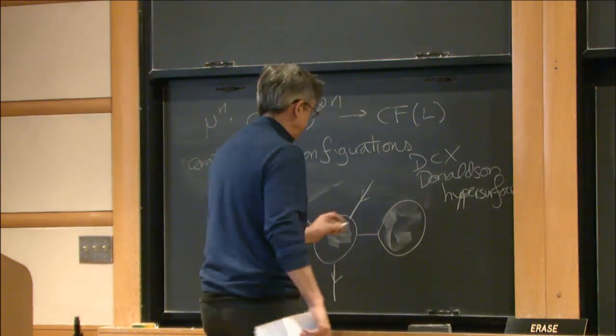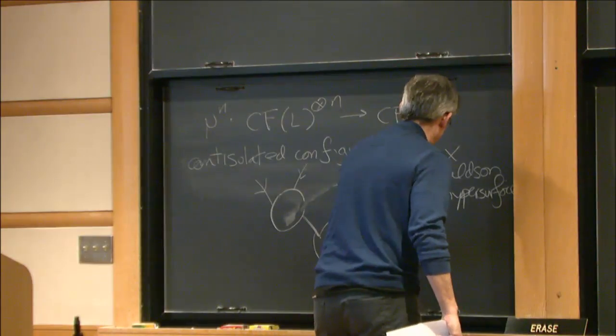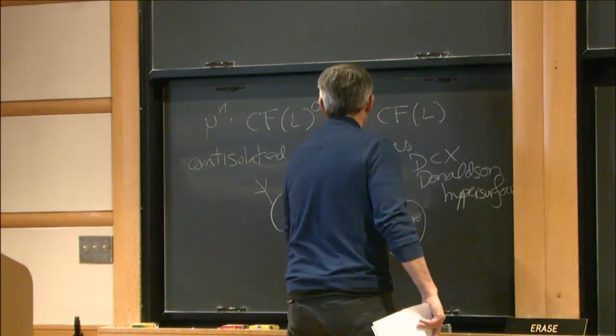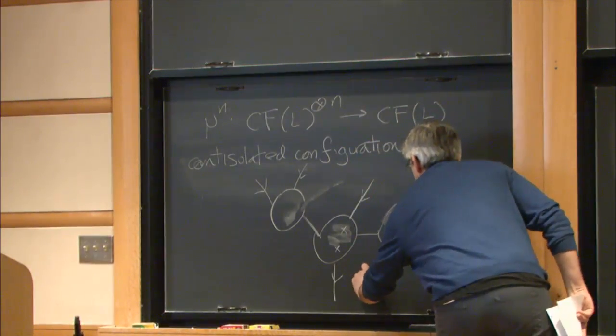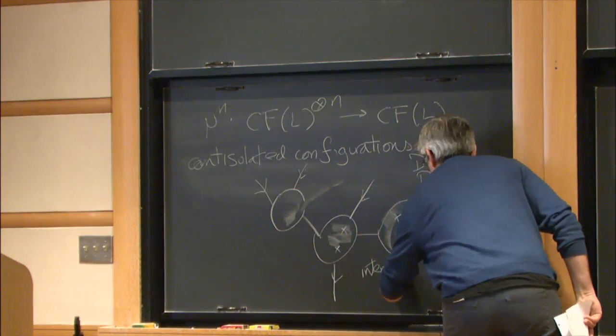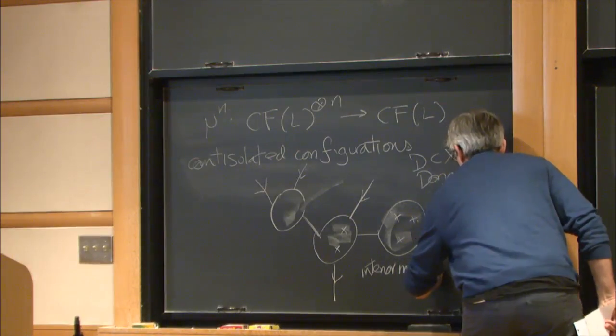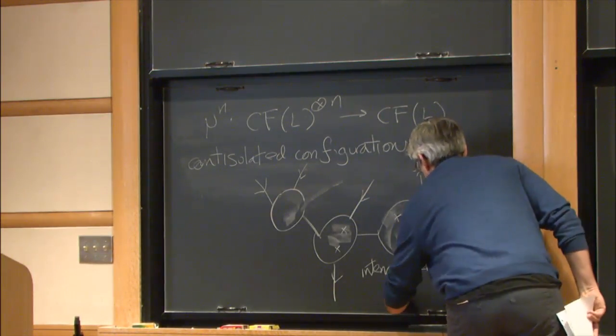So you can mark the disks with the intersection points; the interior markings are then required to go to the Donaldson hypersurface.